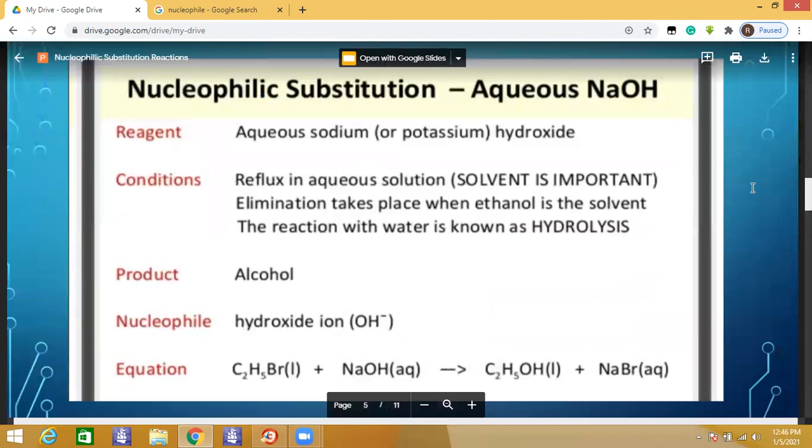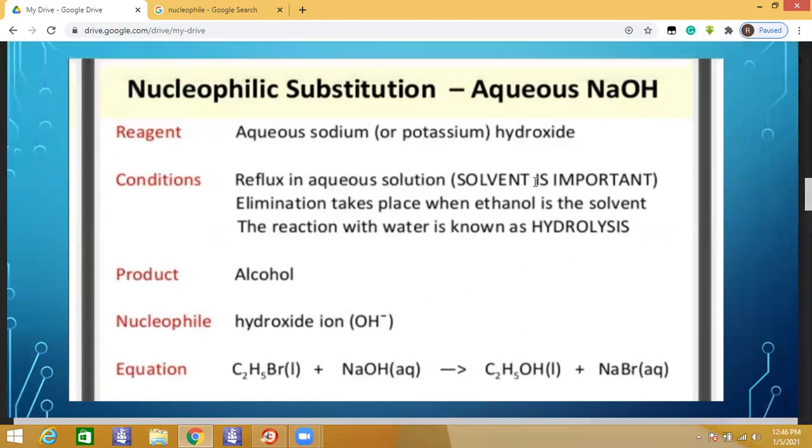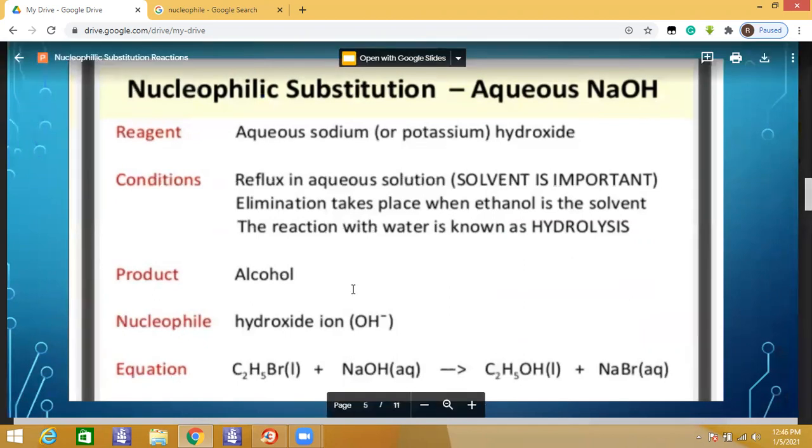Here the reagent used in the nucleophilic substitution reaction is aqueous sodium hydroxide or potassium hydroxide. Sometimes the solvent is necessary in the case of the SN1 reaction, and when hydroxide is used, the product is the alcohol, with nucleophile OH.